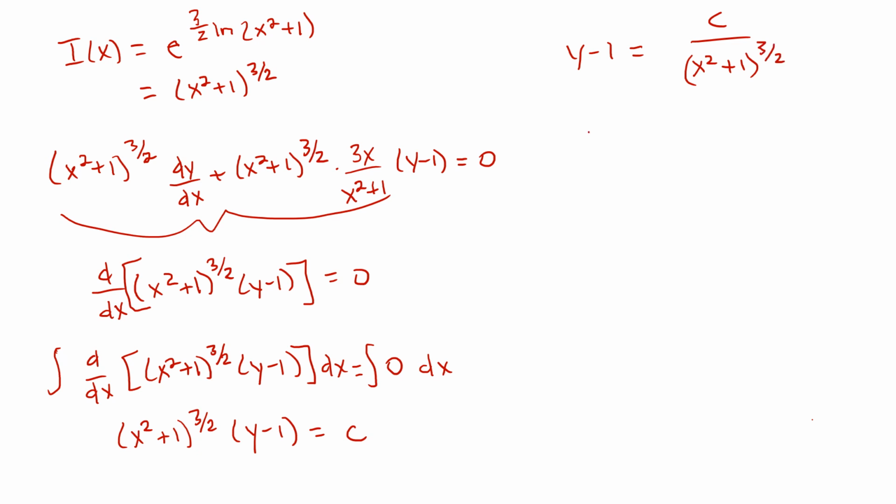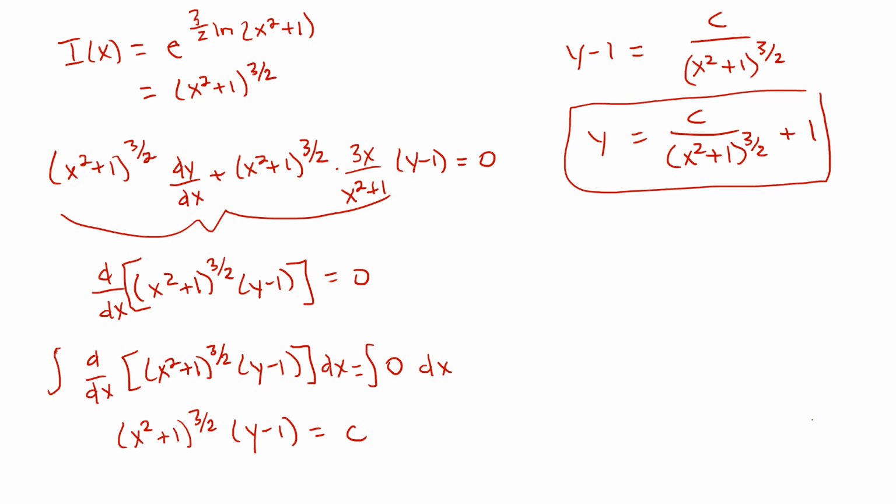Then I will add 1 to both sides. So I'll get y equals c over x squared plus 1 to the power 3/2 plus 1. So that is my general solution.